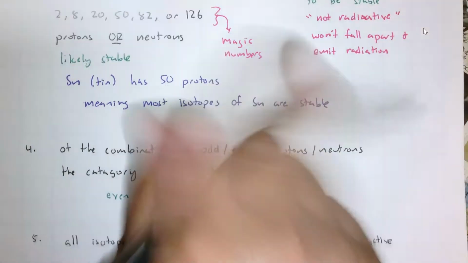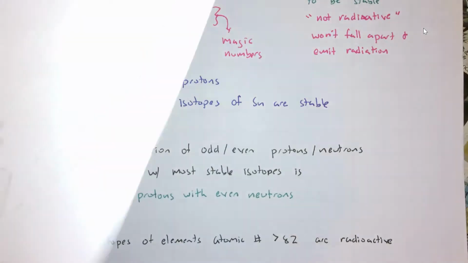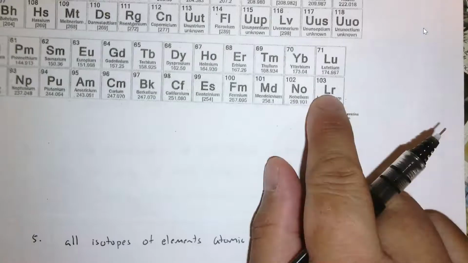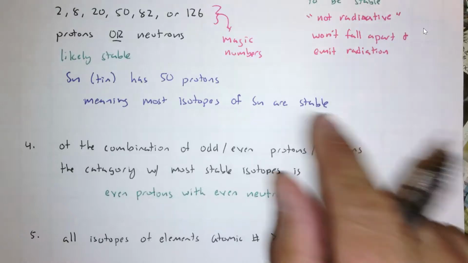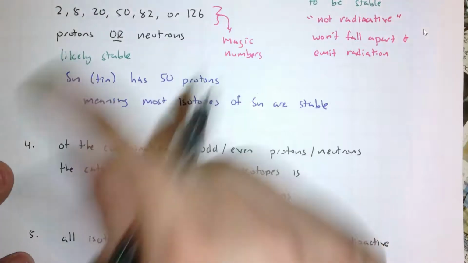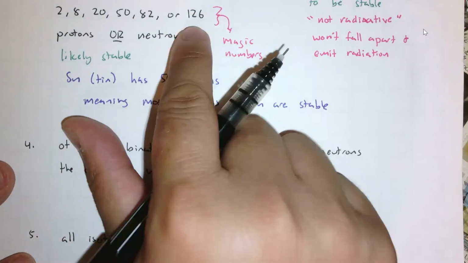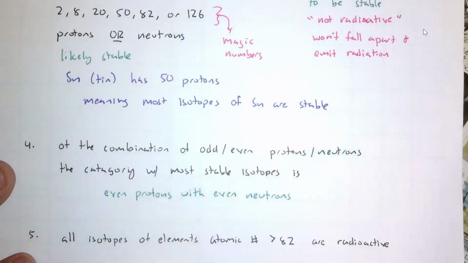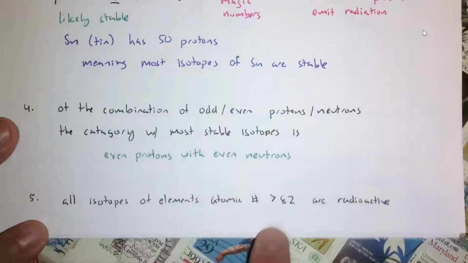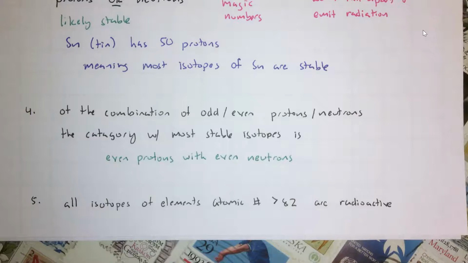Actually, let me double check what 126 is. Oh, that doesn't make any sense. There is no element with 126 protons. So this 126 most likely is going to be the number of neutrons. There are isotopes in the universe with 126 neutrons, and you're going to consider that stable. And I think that's it for the rules. Let me just double check. Yeah, that's it for the rules.